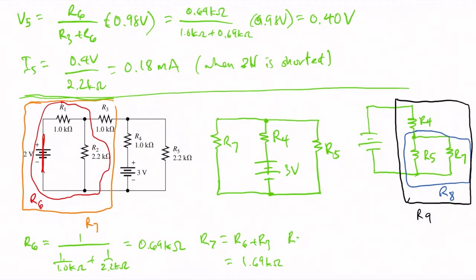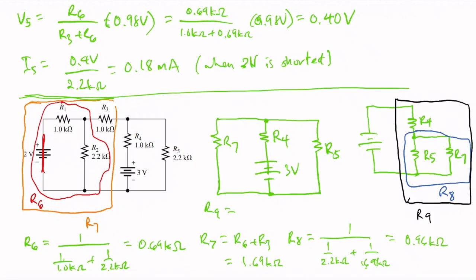So that's R8 equals 1 over 2.2 kilo ohms plus 1 over 1.69 kilo ohms, and that will give us 0.96 kilo ohms. Okay, and then finally R9.